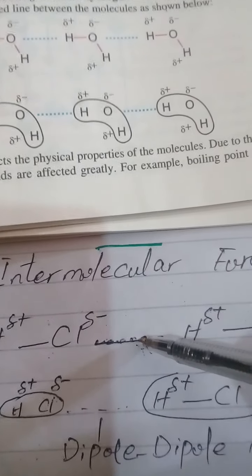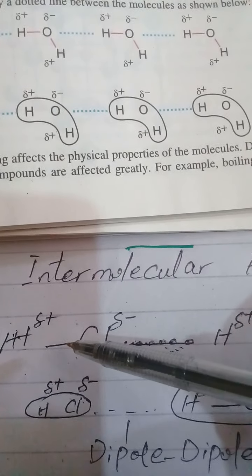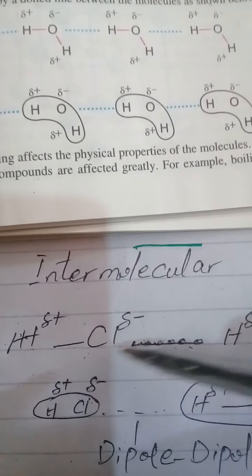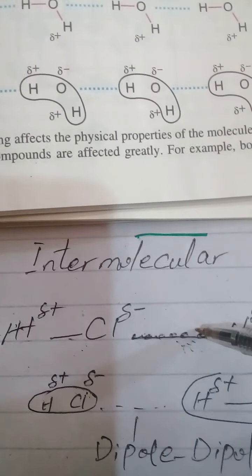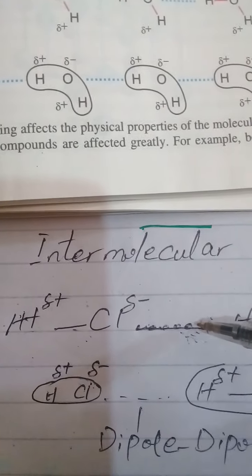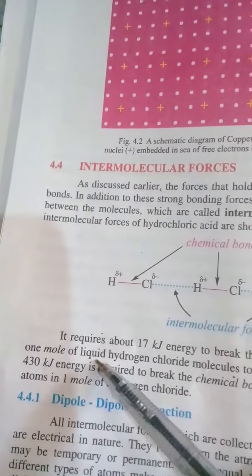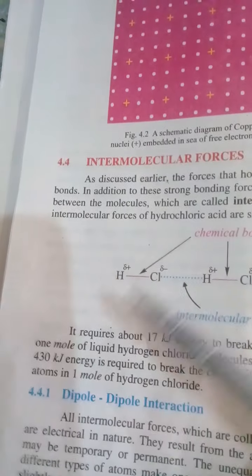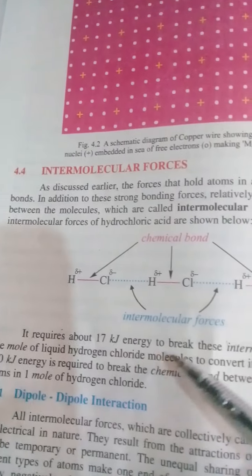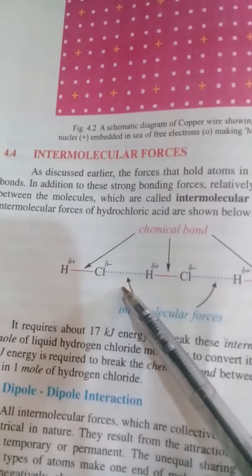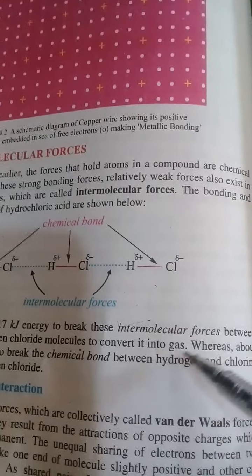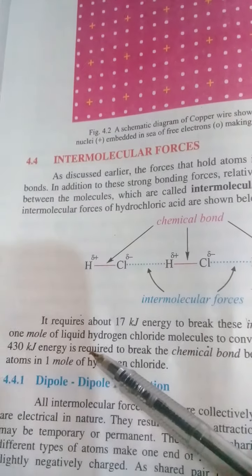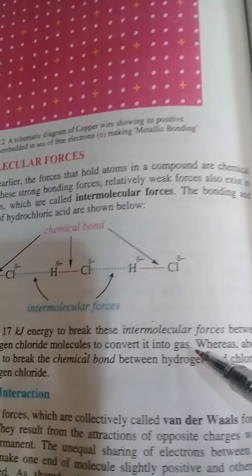This intermolecular force is comparatively weak from chemical bond. ये chemical bond से weak होती है as compared to chemical bond. It is weak. So how is it weak? Because this force requires 17 kilojoule energy to break. इसको break करने के लिए 17 kilojoule energy की ज़रूरत है, between the 1 mole of liquid hydrogen chloride molecules to convert into gas.